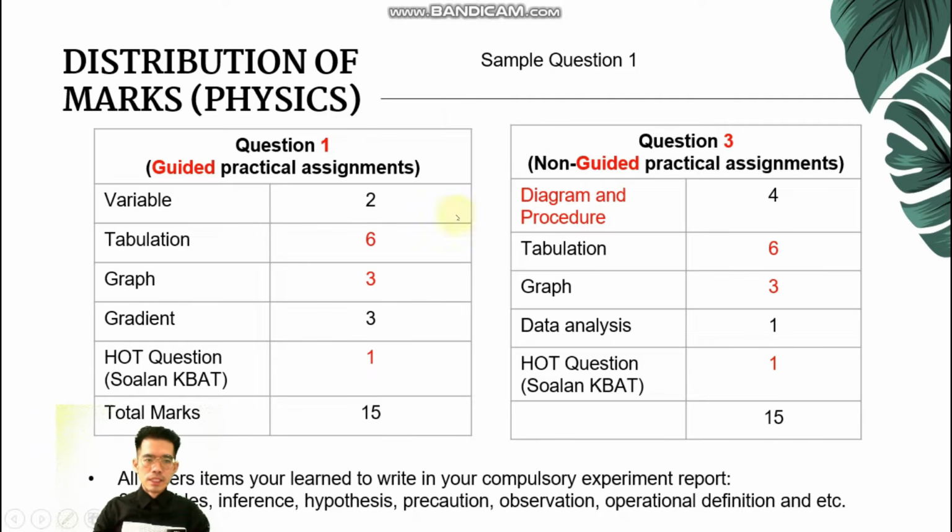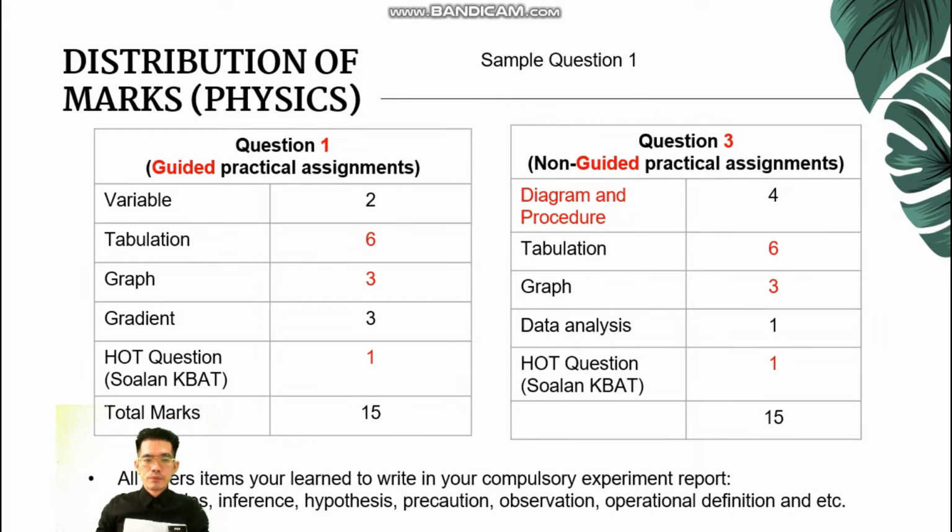Besides the listed questions, all of you already have the skill of how to write your compulsory experiment report. That means the other items you have already learned in your compulsory experiment will also be possible in your paper 3.